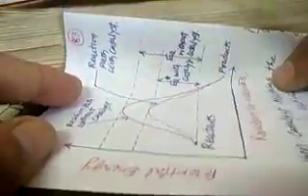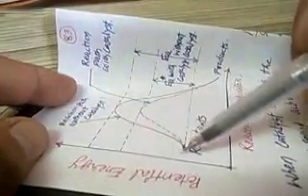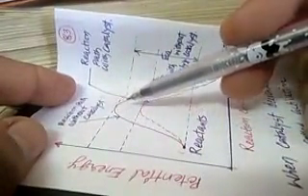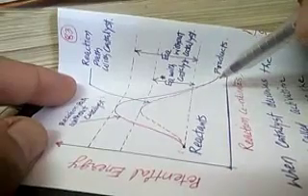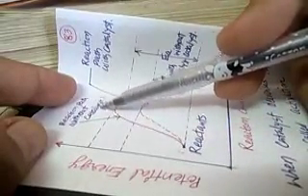Let us understand the same by graph. My dear students, please understand this graph so that you can understand the catalyst well. Here you can see the graph. We have taken the potential energy on the y-axis and reaction coordinates on the x-axis. This red curve is for the reaction pathway without catalyst.